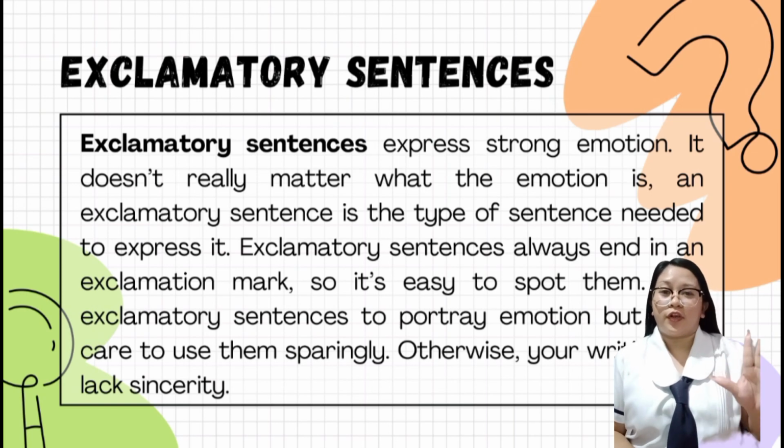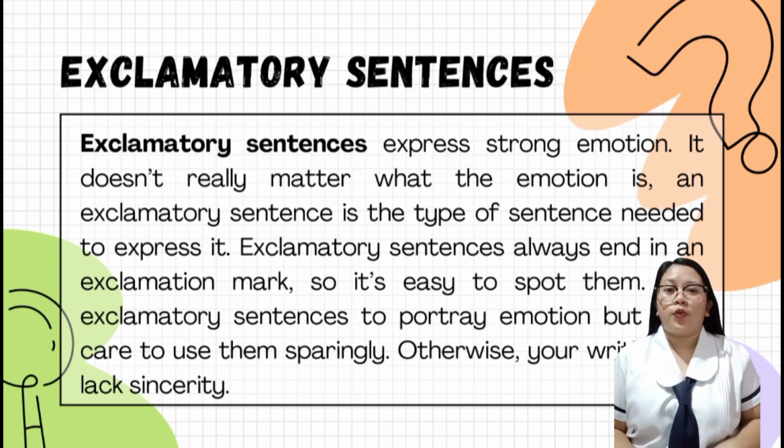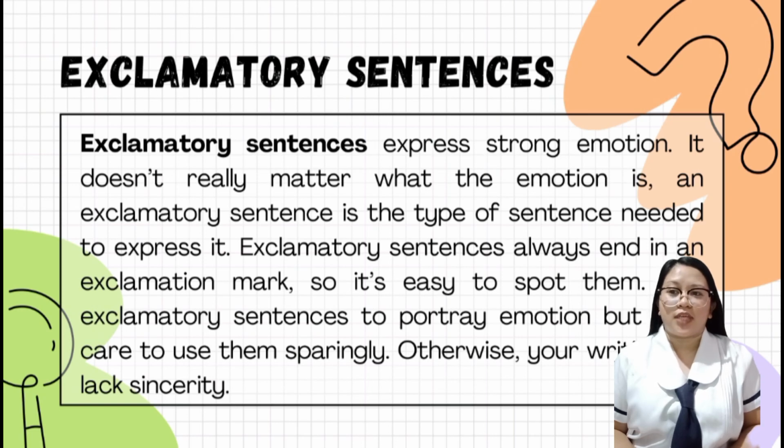Now, the third kind of sentences according to function is the exclamatory sentences. When we say exclamatory sentences, it expresses strong emotion. It doesn't really matter what the emotion is, an exclamatory sentence is the type of sentence needed to express it.